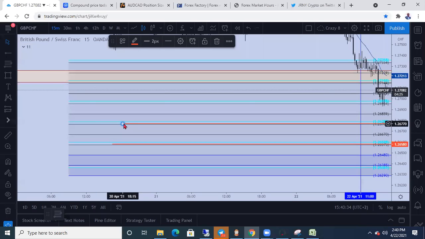If my entry is on 15 minutes, there's every likelihood that my stop loss will be lower on 15 minutes. It doesn't happen all of the time. Sometimes they are almost equal, right?